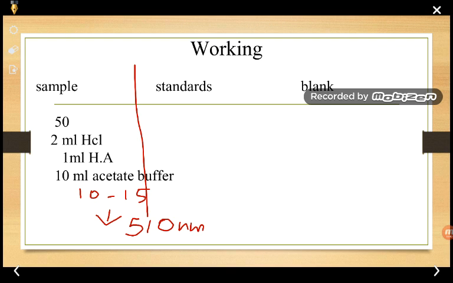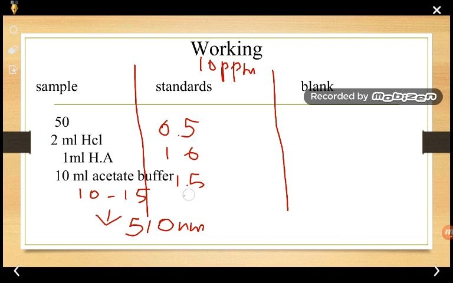What we have to do with the sample. Now how to prepare the standard. Similarly we have to prepare the standard series. For the standard series, a particular working solution is already given to you. The working solution, that is 10 ppm solution, is given to you, and from this 10 ppm you have to prepare 0.5, 1.0, 1.5 and 2 ppm.